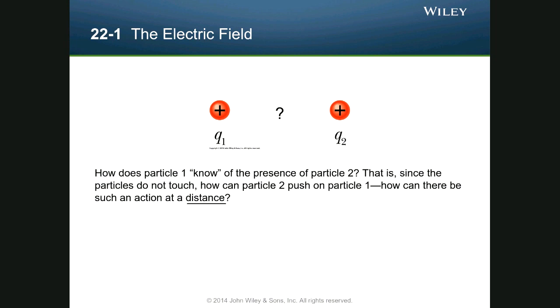I think the correct way to think of it is that the field is there, but it can only be perturbed at the speed of light, right? If you remember the wave machine from the lab, you can think of that as the field, and then the wave moves the parts of the wave machine up and down.